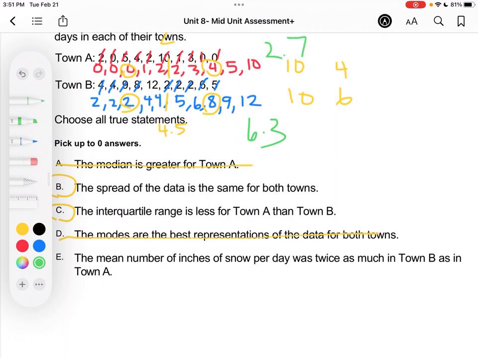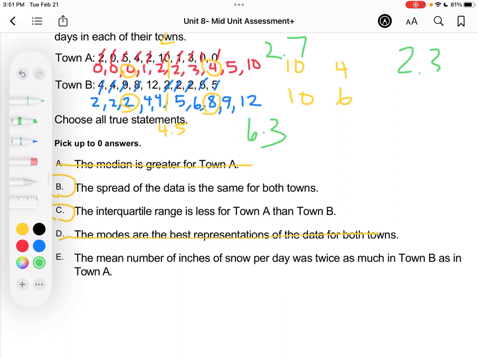So I'm going to divide the two. So 6.3 divided by 2.7, I get 2.3. So the mean number of inches was twice as much in town B as it was in town A. So it's about twice as much.